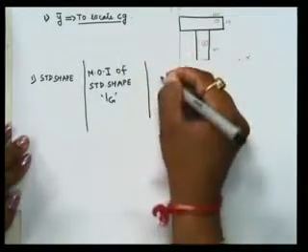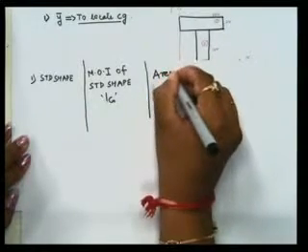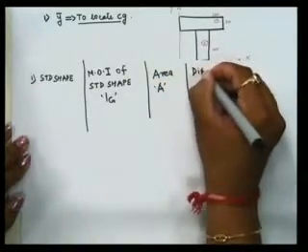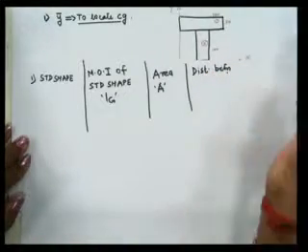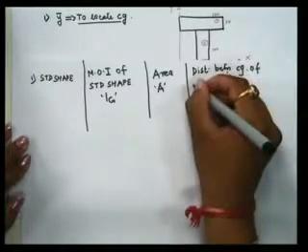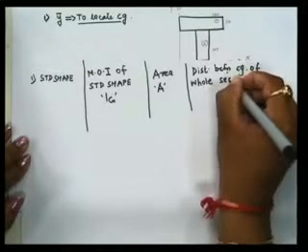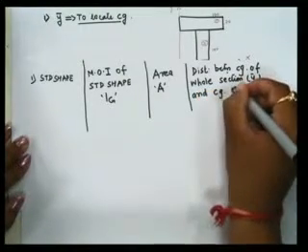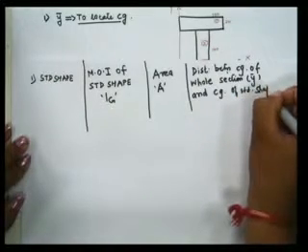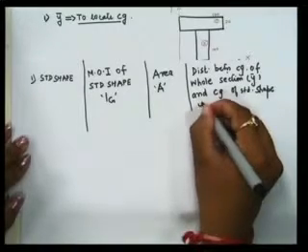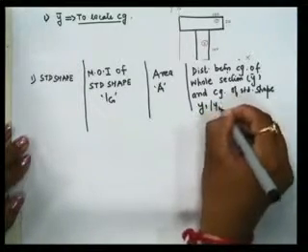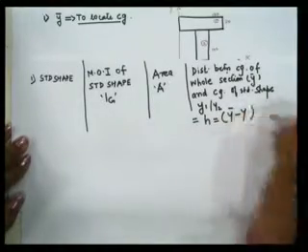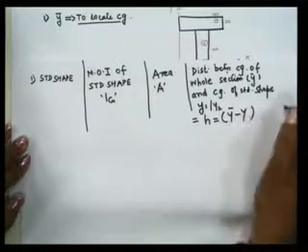Then third is area A. Then fourth is the distance between the CG of the whole section, that is y bar, and the CG of the standard shape, that is y1 or y2 and so on, that is equal to nothing but h, that is equal to y bar minus y, where y is equal to y1, y2 and so on.